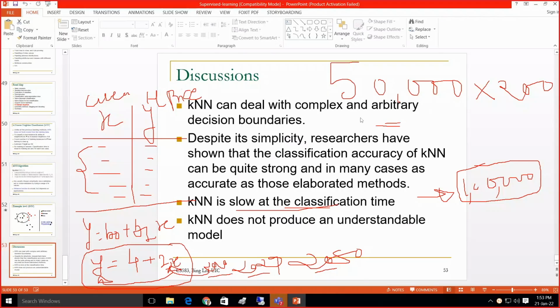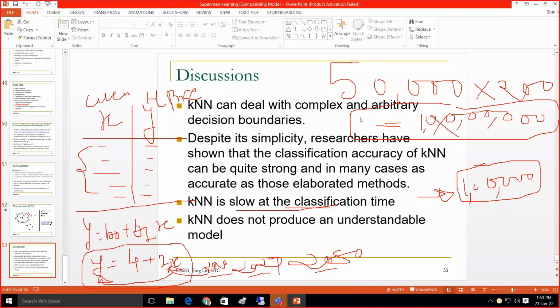So how many calculations are required? 5 into 2, 10, and 4 zeros, so 1, 2, 3, 4, and 2 zeros more. You can see how many calculations are required. It is a lot, kind of 1 crore. So if you are going to solve such problems using KNN, it will suffer from a computation problem.